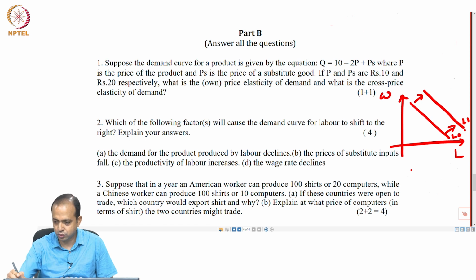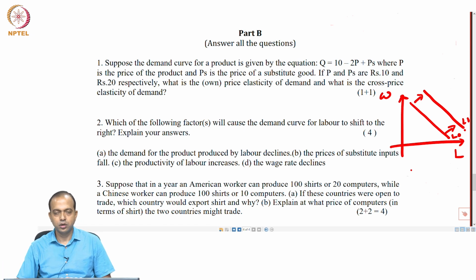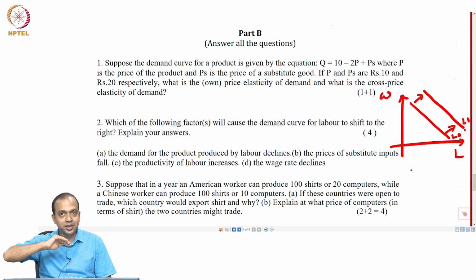Please remember here we are talking about a shift in the entire demand schedule, which we have to carefully keep in mind. That means demand for labor is increasing not along the demand curve, rather there is a shift in the entire demand schedule itself. The first option is that the demand for the product produced by labor declines.